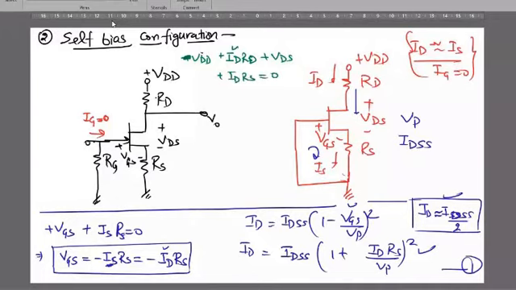You are having IDRD, IDRS, VDD. You can find the value of VDS. I don't think there is any problem. Okay, this is the second equation.